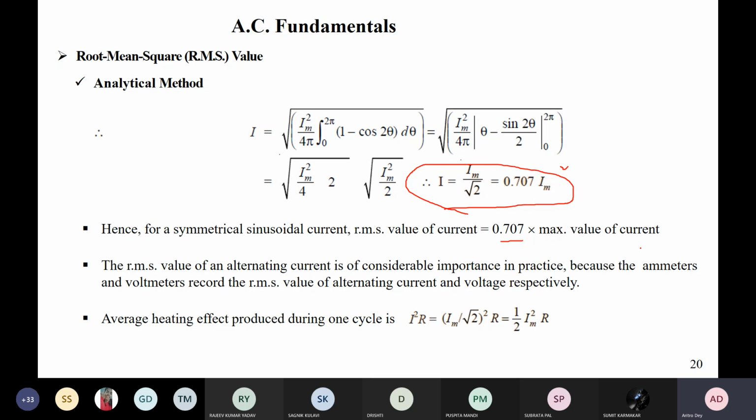So average heating effect produced in one cycle I square R is equal to (Im by root 2) square R. So half Im square R is equal to your average heating effect when we express it in terms of maximum Im peak value.